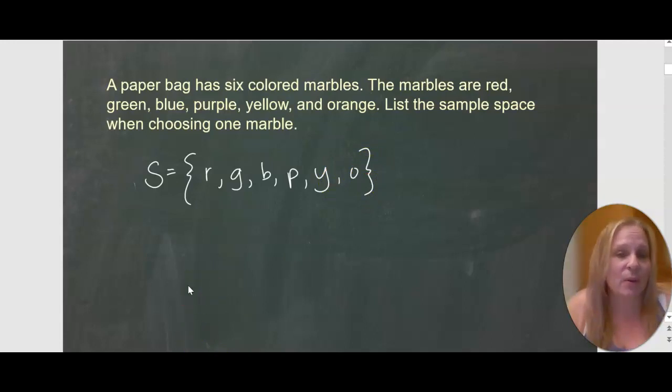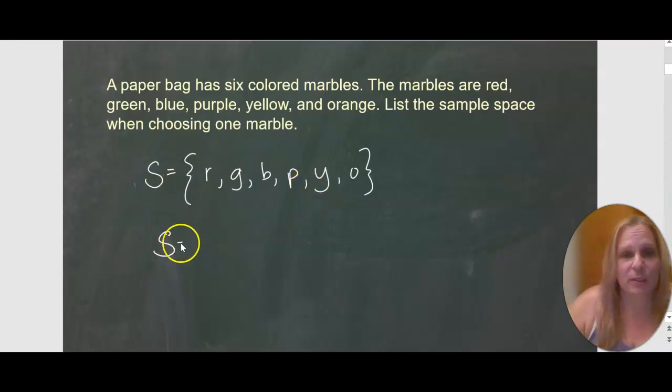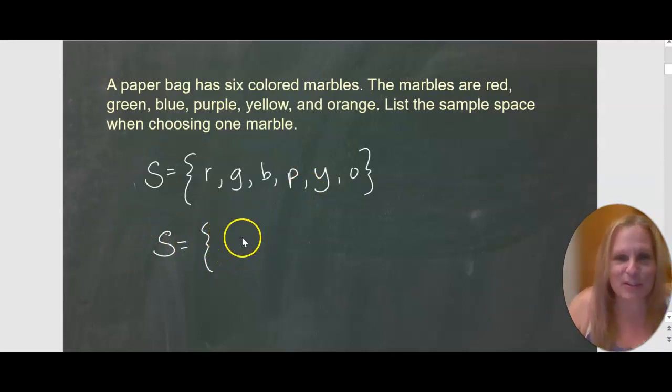When these are letters, you should write them in alphabetical order. This is still the sample space, but we could also rewrite these letters in alphabetical order. So let's see if I can do that without a practice run through first. All right, so B would come first. Oh boy, why did I get nervous all of a sudden?